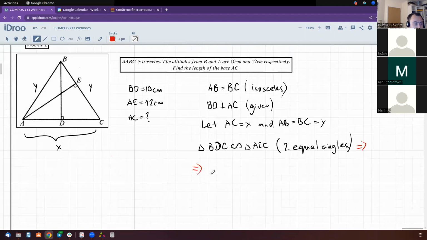And that means it follows that the ratio of DC to the hypotenuse BC is equal to the ratio of CE to AC. Substitute what we know.